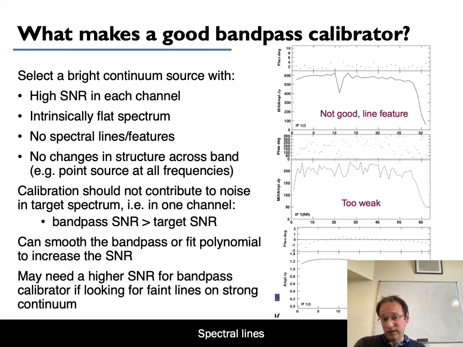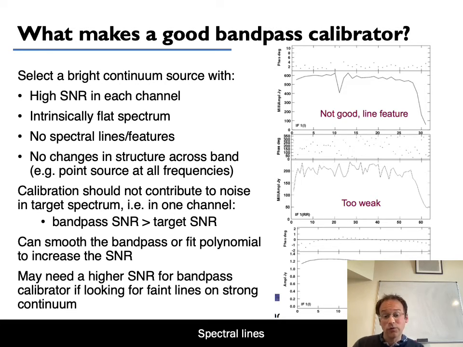The other thing, as I mentioned, is that you want high signal to noise, and in particular, you want the signal to noise ratio on your bandpass calibration source to be much greater than the signal to noise ratio on the target. That's because when you do the bandpass calibration, you're transferring gain solutions that have been determined as a function of frequency from the bandpass calibrator source to the target source.